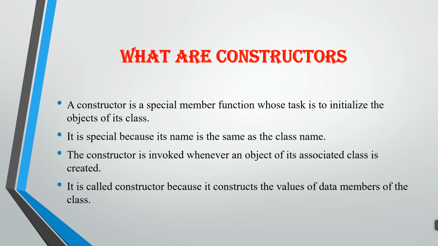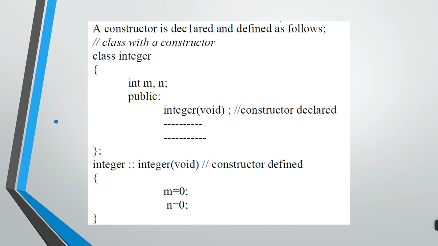That's why it is called a constructor because it constructs the value of data members of that class. The purpose of the constructor is to construct the values of the data members of the class. Now let's see the syntax of the constructor.